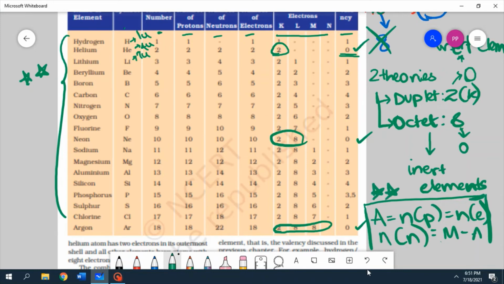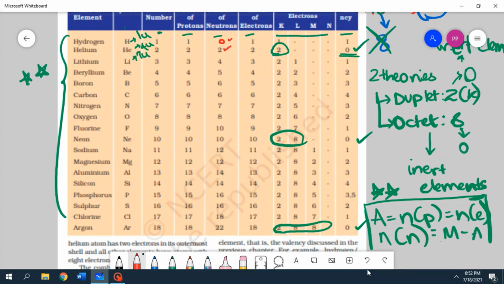Okay, so if you take the example of hydrogen, the atomic number is 1 and the mass number is 1, so 1 minus 1 is 0, which is why there was a dash here in place of the number of neutrons. For helium, the atomic number is 2, the mass number is 4, so 4 minus 2 is 2.